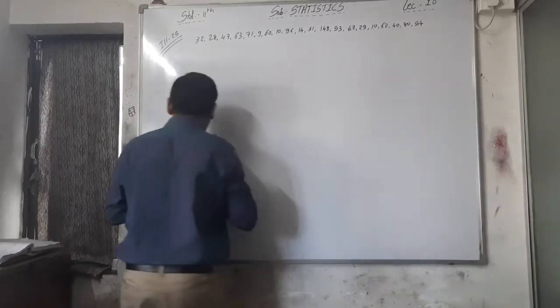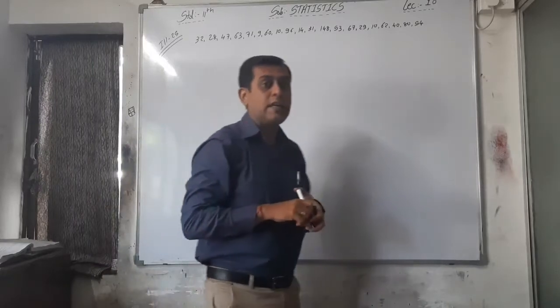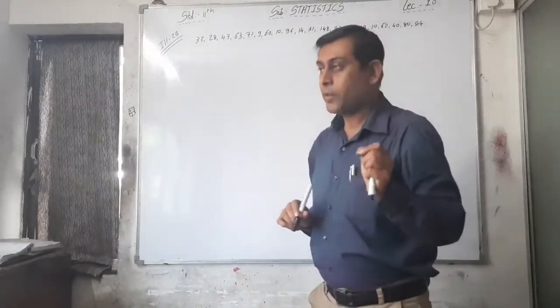These are the scores of 20 innings by one batsman, right?